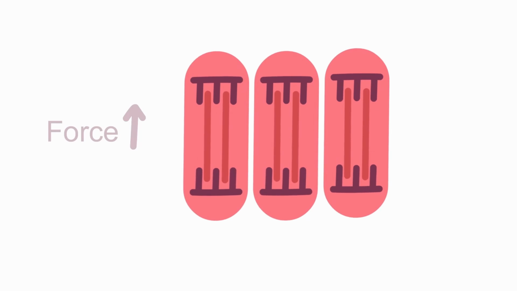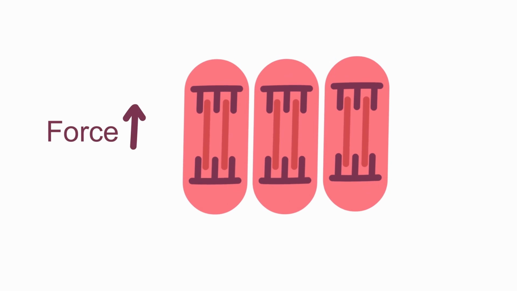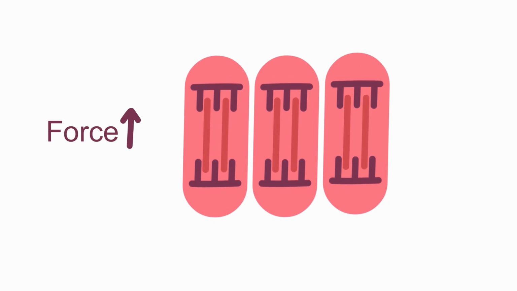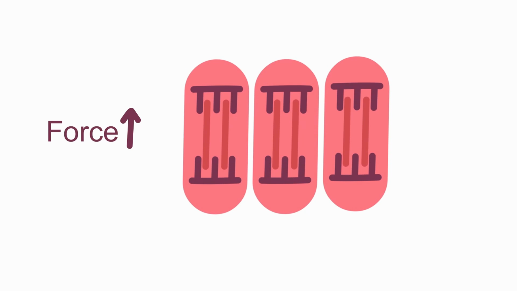Here we see the sarcomeres of the cardiac muscle fibers. It is basically the contractile element of the heart muscle. And these cardiac sarcomeres have an optimal length in which they contract the hardest. And when they're not stretched out optimally, they don't contract as hard.